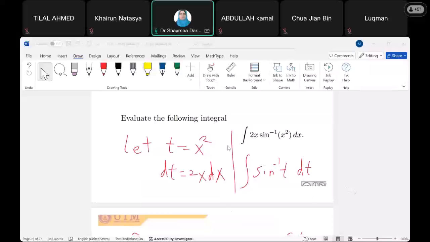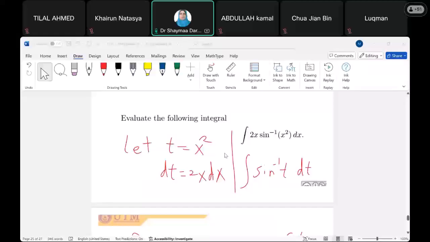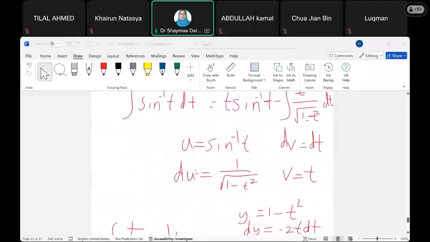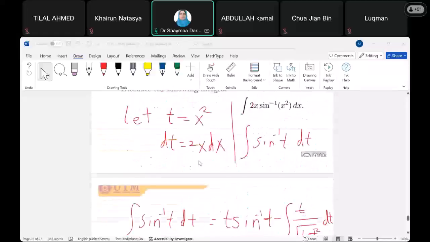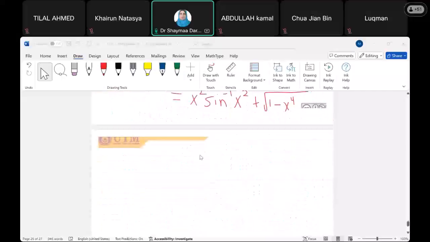That also works. But in all cases, for this solution or the sine inverse, you have to use substitution, then by parts. In all cases.